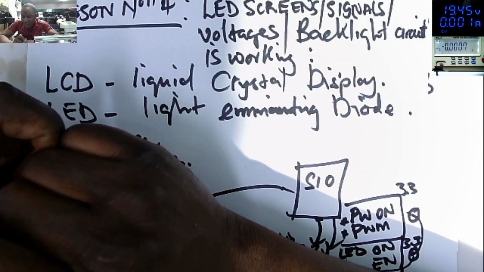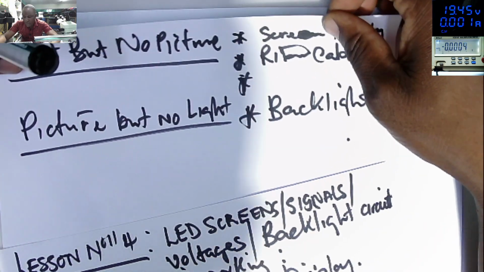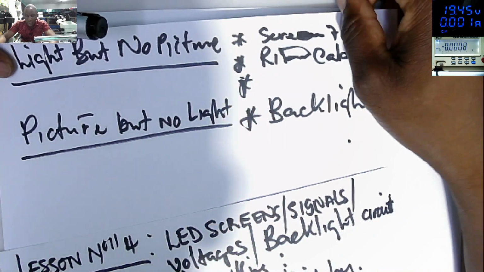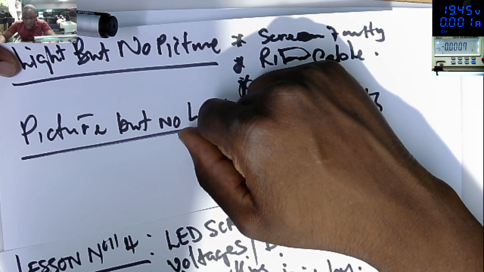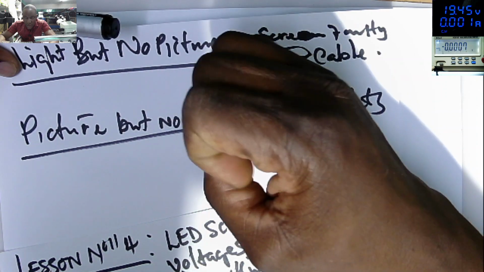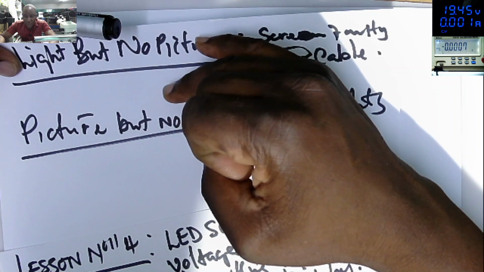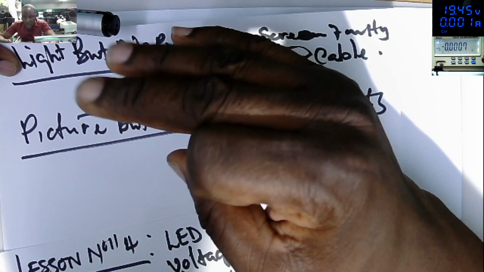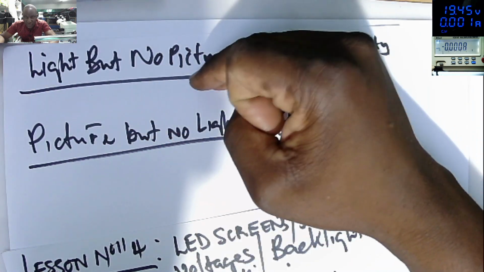So that's how laptop screens, the LED screens, are working. If there is light but no picture, it can be a faulty screen, a faulty ribbon cable, even the hard drive itself, or anything.